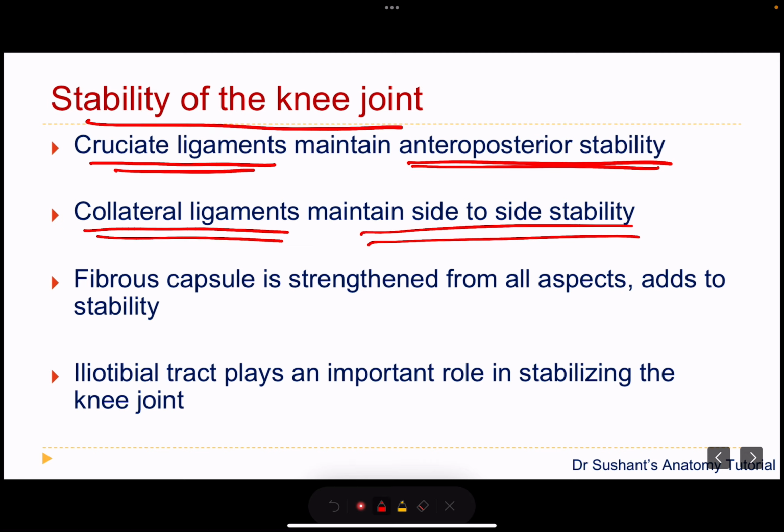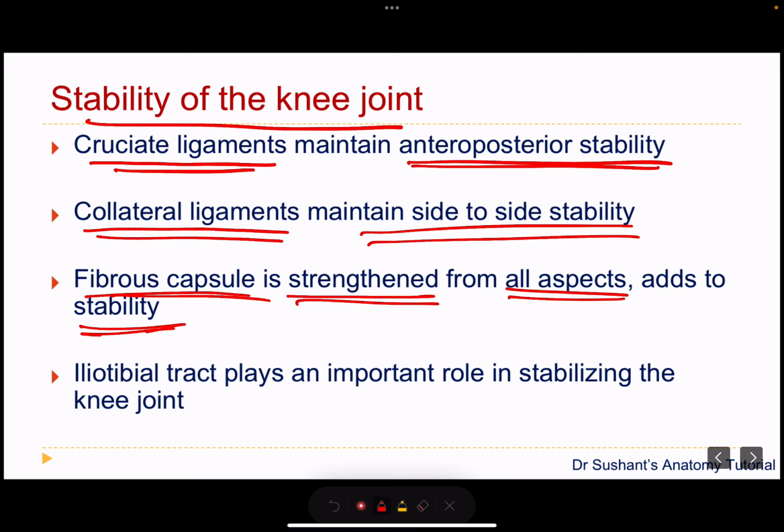The fibrous capsule is strengthened from all aspects, and it adds to the stability. For example, anteromedially we have the medial patellar retinaculum, anterolaterally we have the lateral patellar retinaculum, and laterally we have the iliotibial tract strengthening the fibrous capsule.